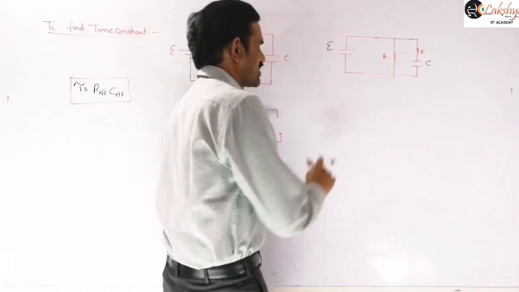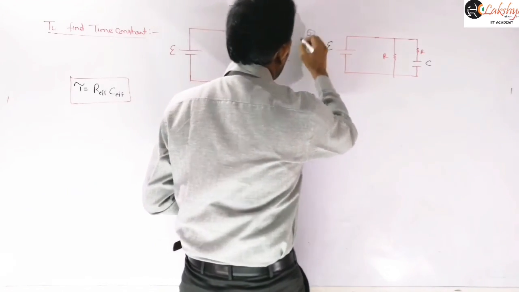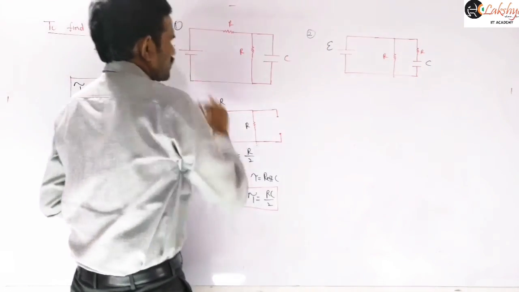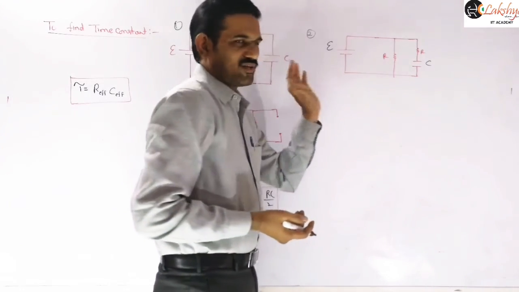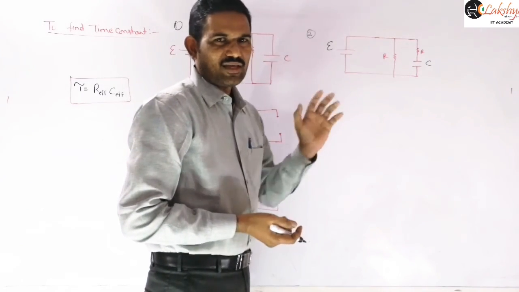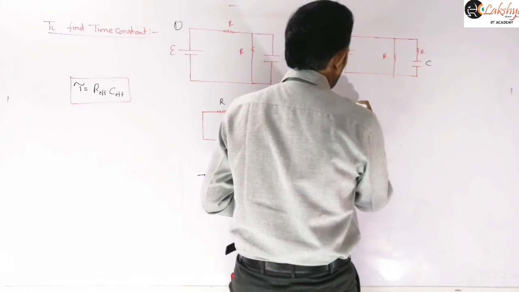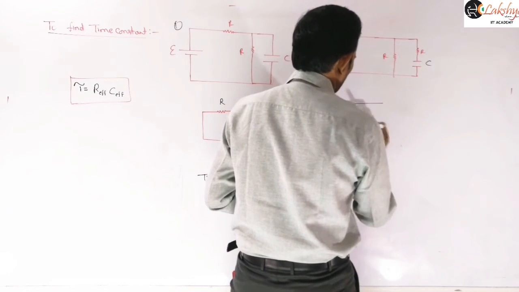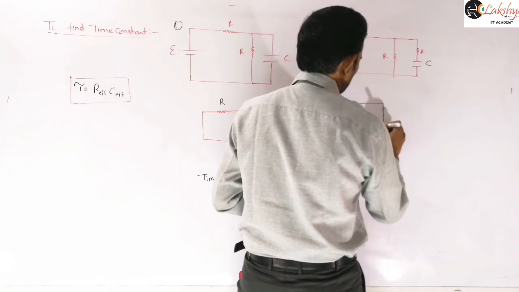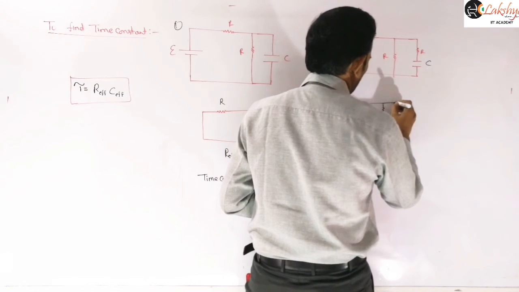So now the same procedure, this is a second example you may note here. We are going to replace that cell by a conducting wire, a short circuit. So I am replacing this by a conducting wire, so that here one resistance is there and here one more resistance is there.